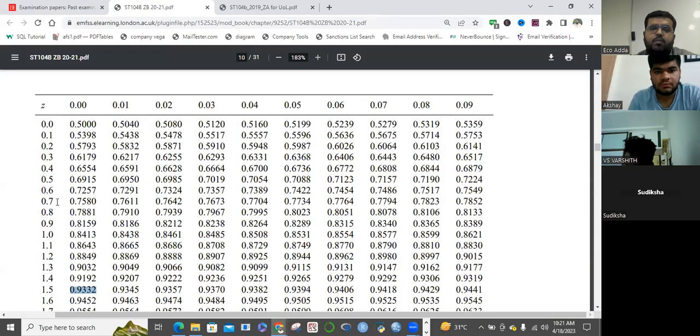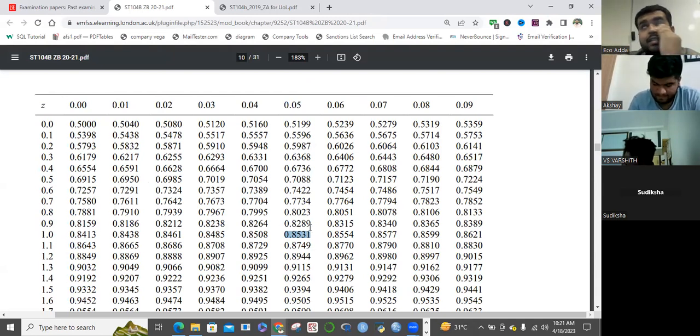Just give me a second. 1.05. So this is 1.0, 1.01, 1.02, 1.03, 1.04, 1.05. So for 1.05, I need to look for this number. Sorry, sir. I was not counting 0.00. I started counting like 1, 2, 3, 4.